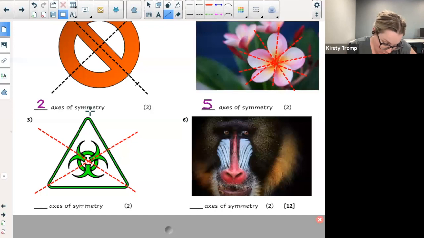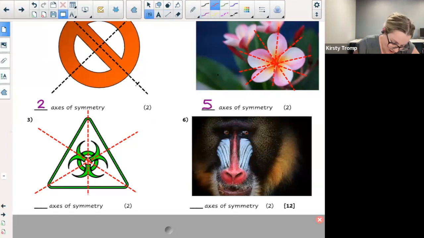And would you agree that there is a vertical line going down the middle? Are you happy with all of those? Yes. How many lines are there, Tara Jane? There are 3 lines of symmetry. Well done.